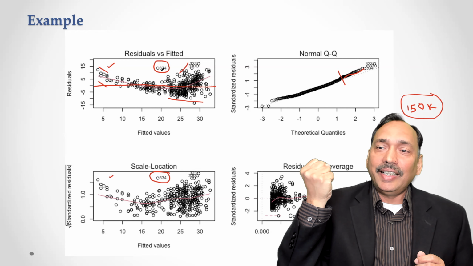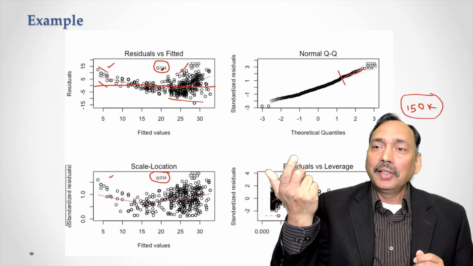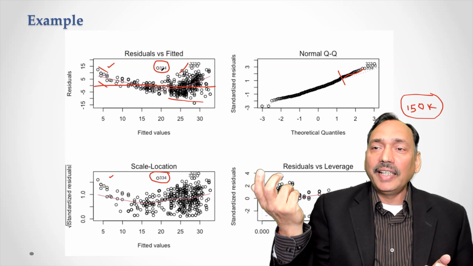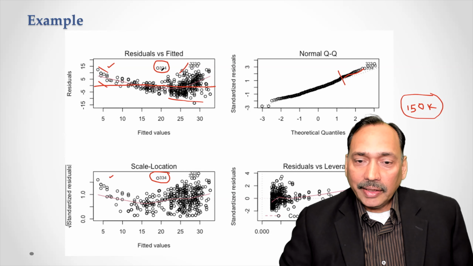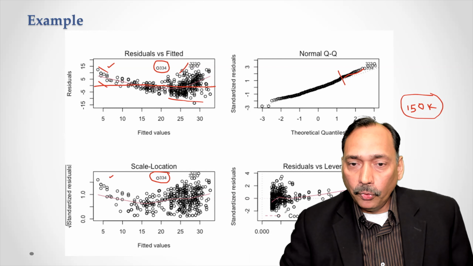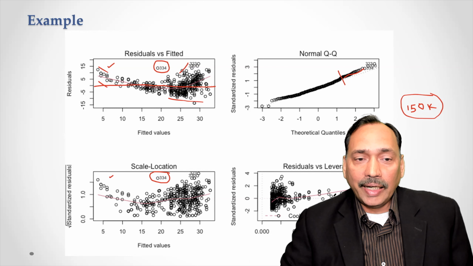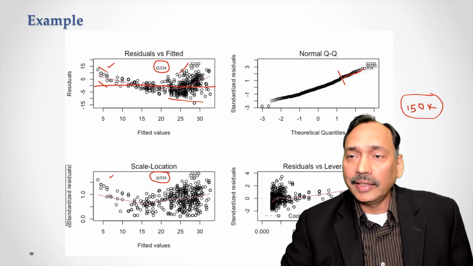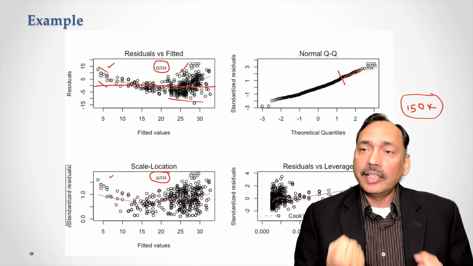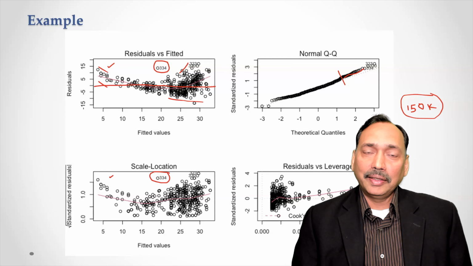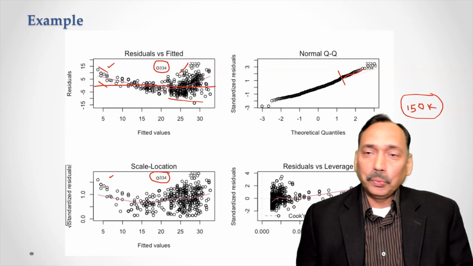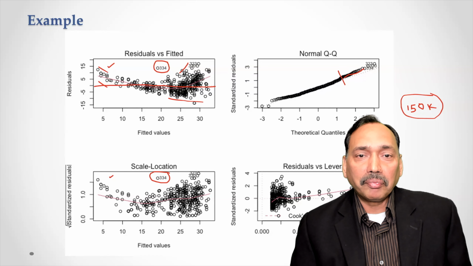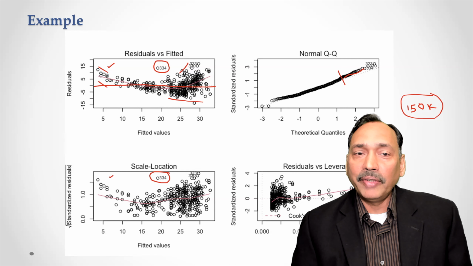It will change its slope and also its intercept, very likely. But it doesn't look like, based on the fourth plot, that 334 is using its muscle power of being an outlier to move the line in some significant way.